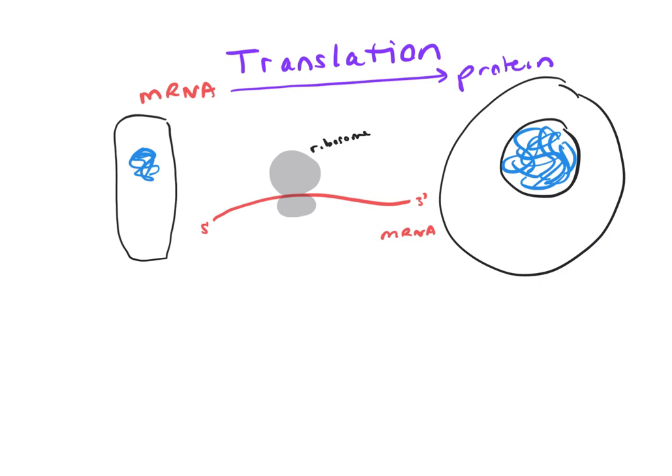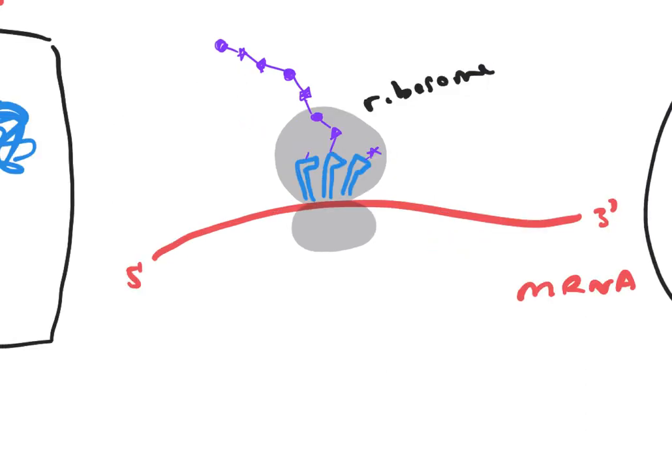But if we're looking at a snapshot while the process is happening, the way that it should look is that there are 3 specific positions within the ribosome that these special RNA molecules called tRNAs can bind. Really, what tRNAs are binding to are the codon sequences within the mRNA.